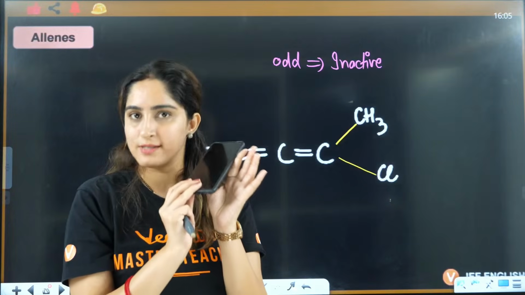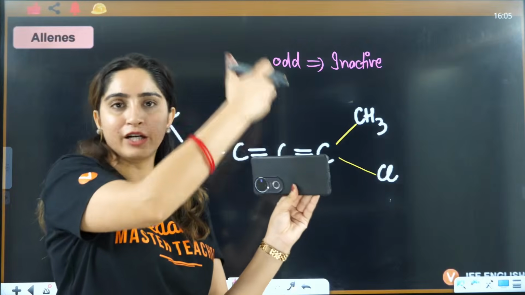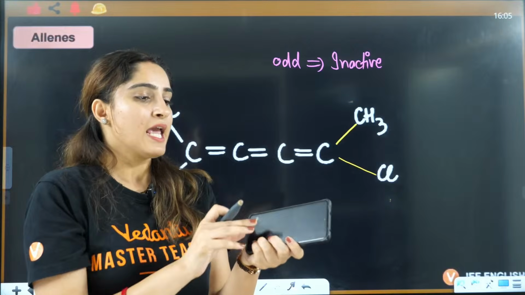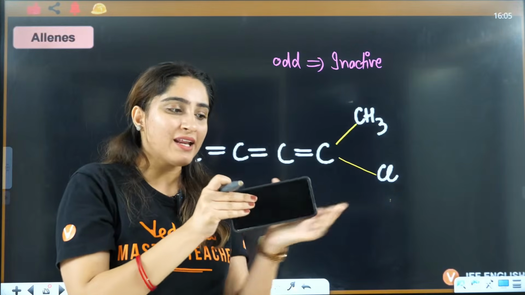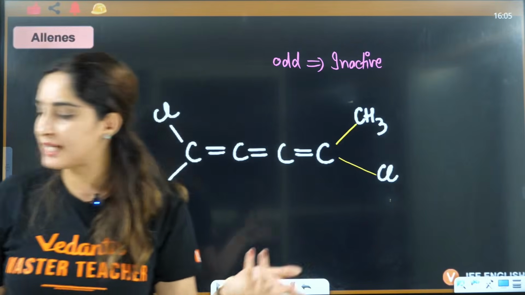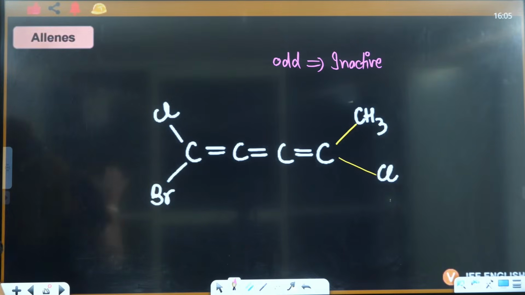This phone is on the same plane, so there will always be a plane cutting it into equal halves. That's why it is always inactive.